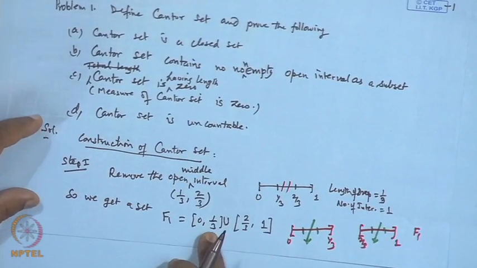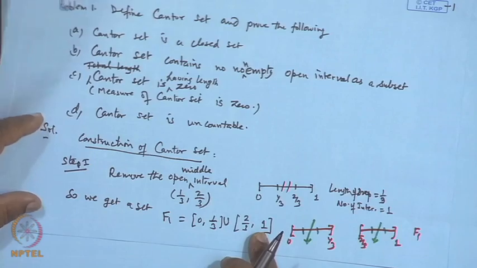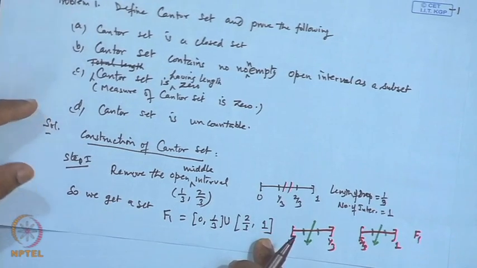When you choose F 1, the length is 1/3 plus 1/3, that is 2 by 3.